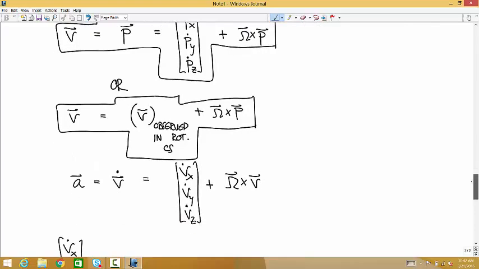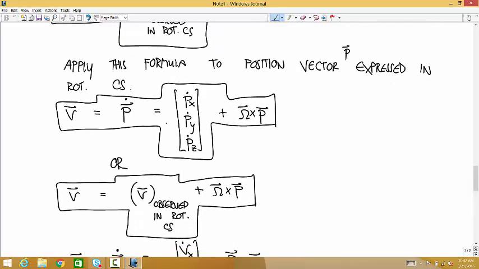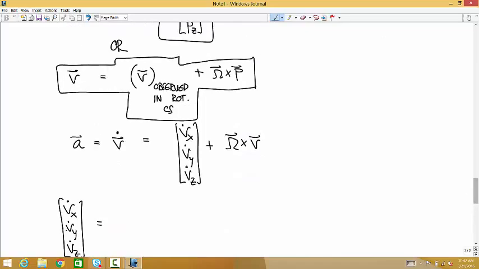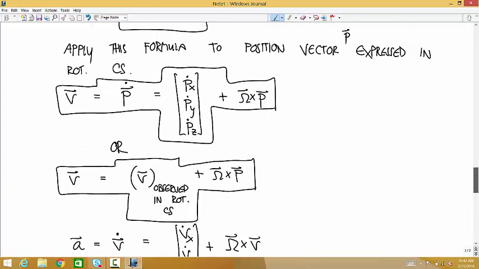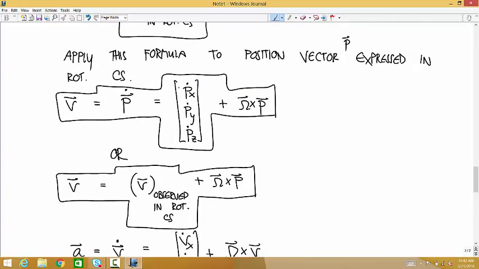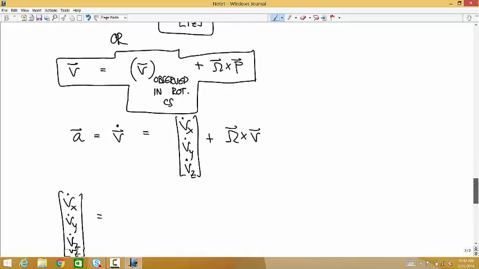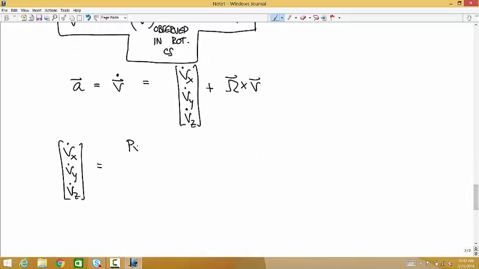And so if we're just taking time derivatives of the components, here's what we have to do. First, time derivatives of the components of this vector just give you px double dot, py double dot, pz double dot.